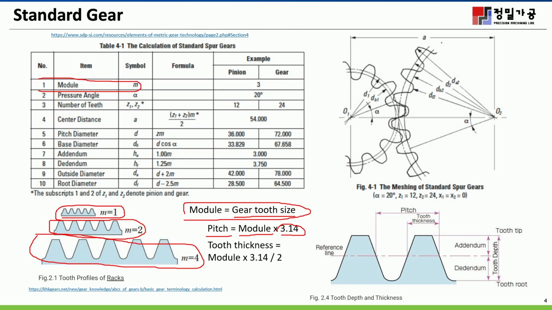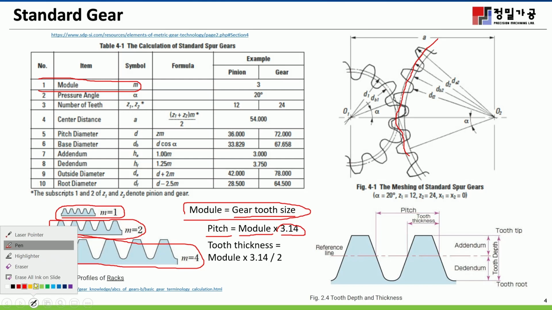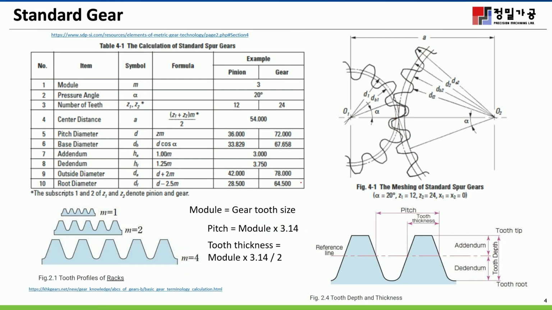It is the circumference of the circle, the circumference of the pitch diameter of the gear. If you project this gear tooth onto a planar line, it's actually the teeth of the gear.